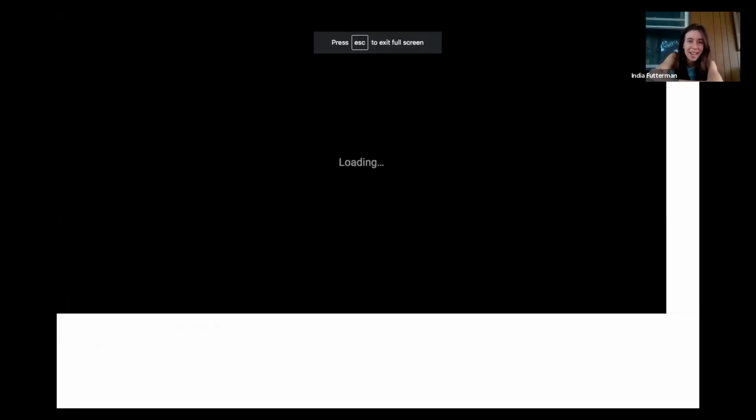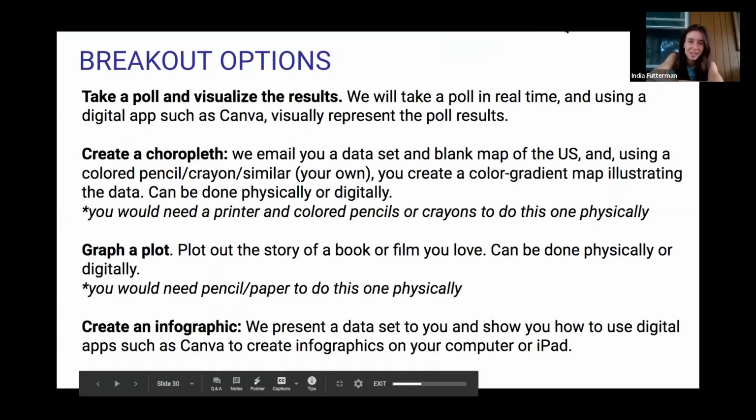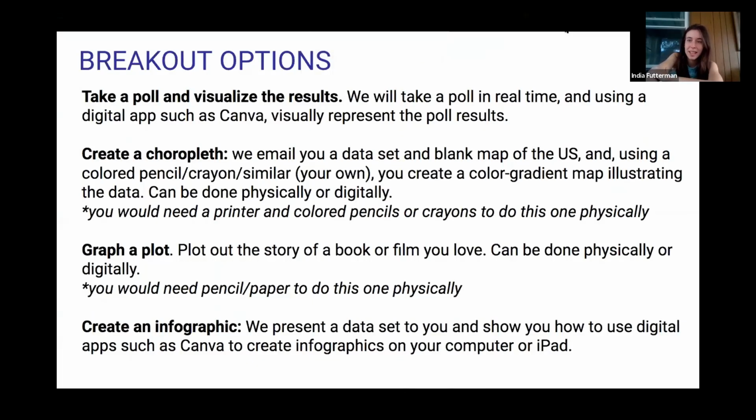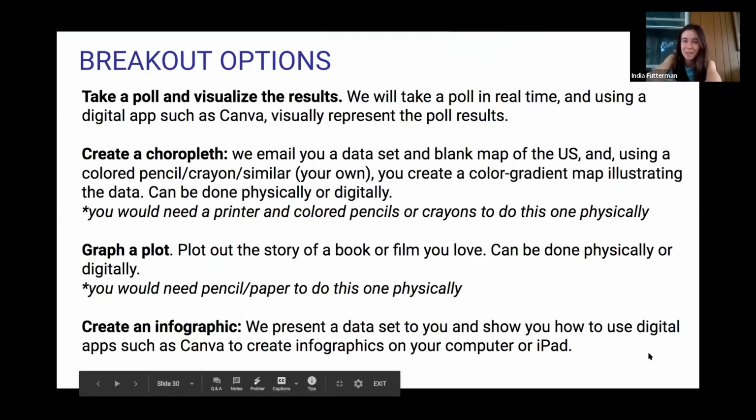So once again, we just took our digital poll, so we could practice using this real-time data and figuring out how we can best illustrate that. We can do some coloring, a relaxing yet informative and interesting experience for making choropleth maps.